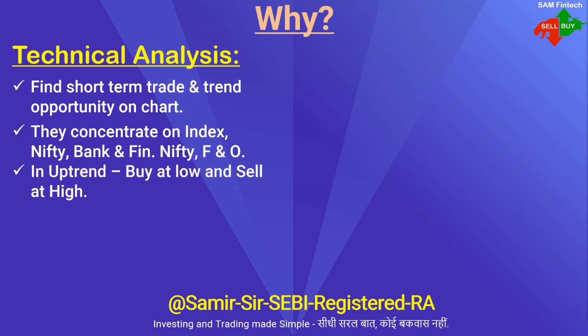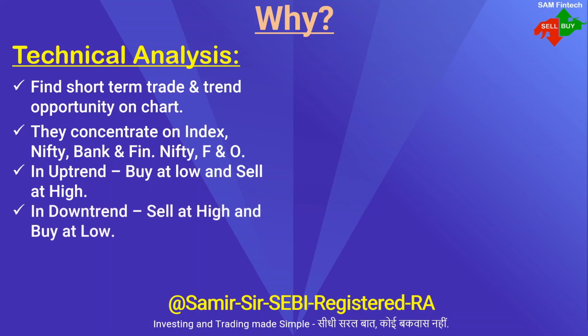If they forecast that the market is in an uptrend, in that scenario, they buy the stock or that particular script at a low price and sell at a high price. Whereas in a downtrend, they try to sell first at a high price and then buy at a low price. By doing that, they try to focus on short-term profit.